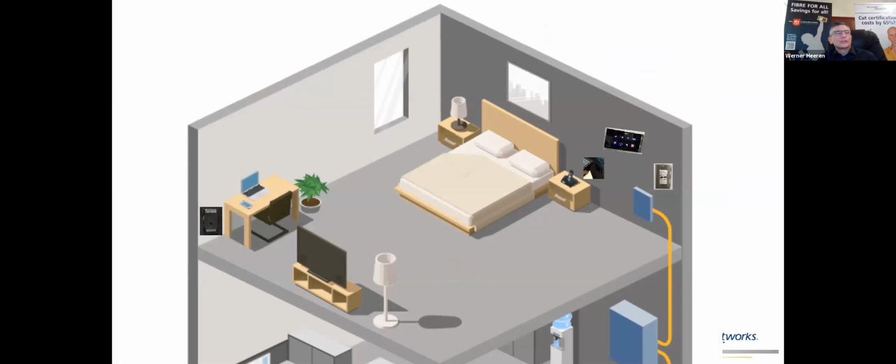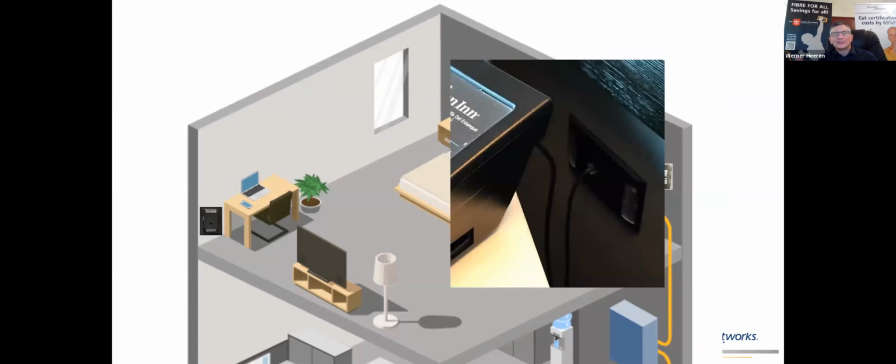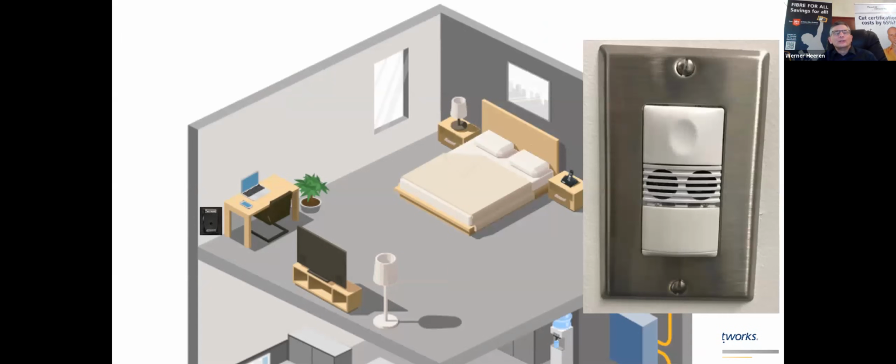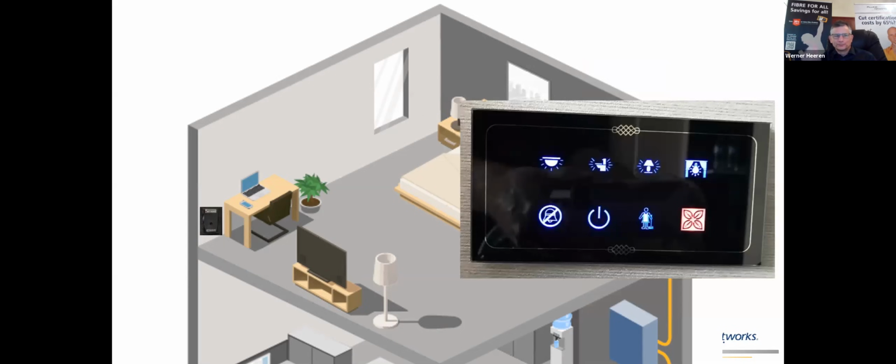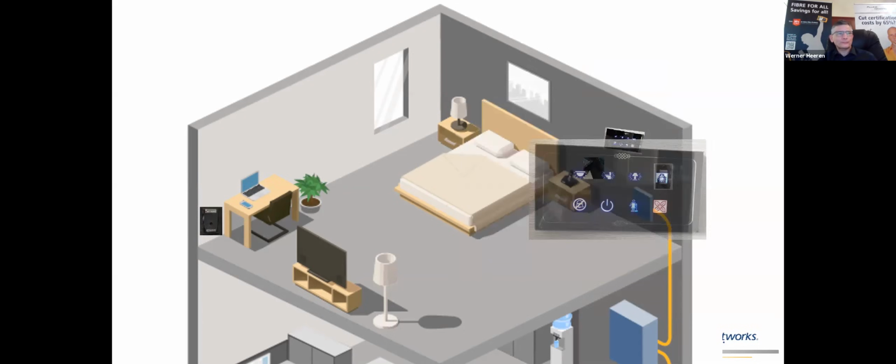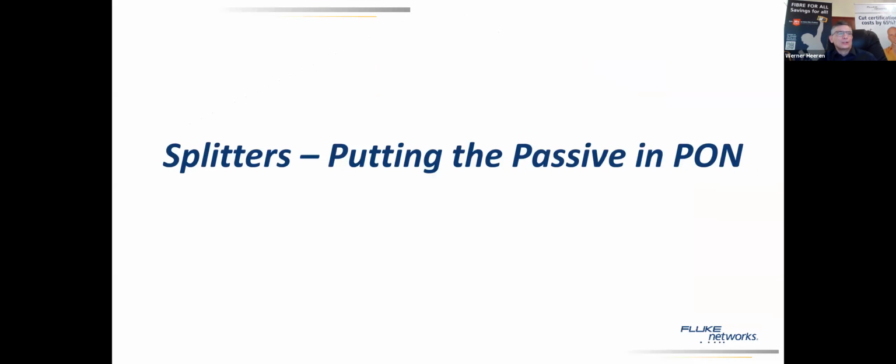There could be a connection to a wireless access point, the typical telephone connection, and a sensor to detect if you're in the room or not, so that the cleaning can come in. Or there could be smart buildings, smart homes, all kinds of connections going into, in this case, a hotel room.